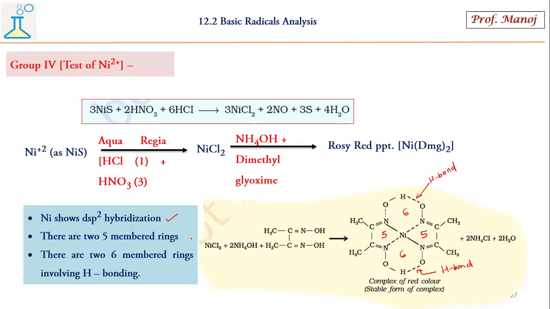So you can see 5-membered rings with proper bonding, but 6-membered rings involve hydrogen bonding. So this is a test for group number 4, nickel. So is aqua regia 3 HCl and 1 HNO3? No. 1 HCl, 3 HNO3.